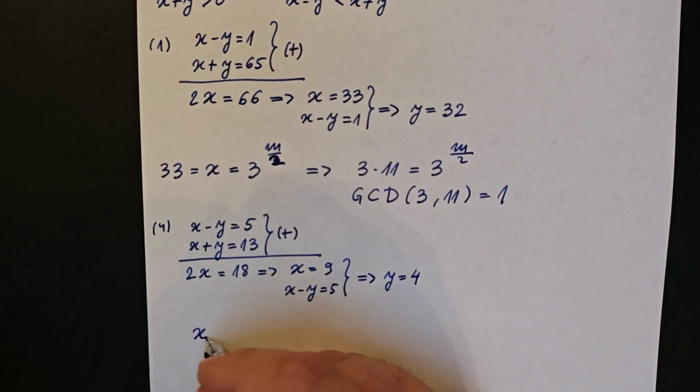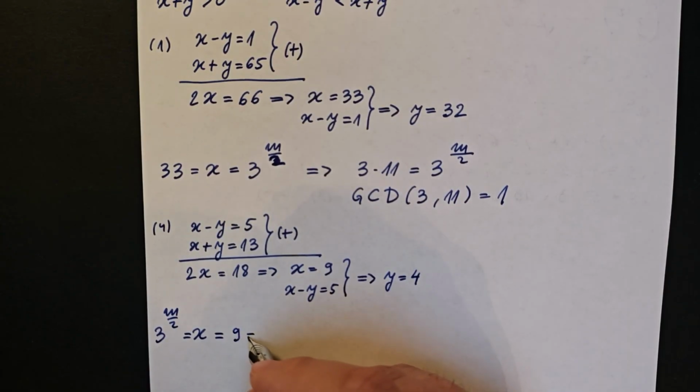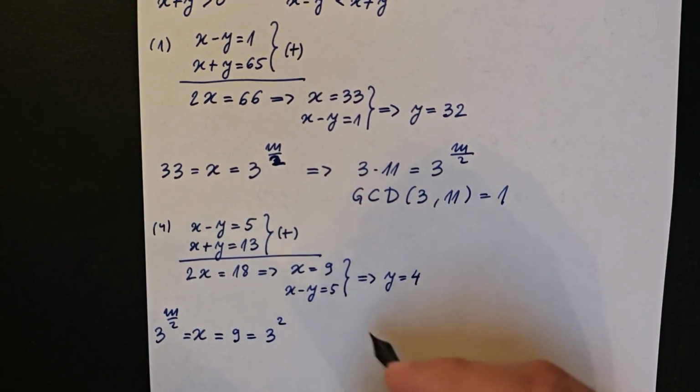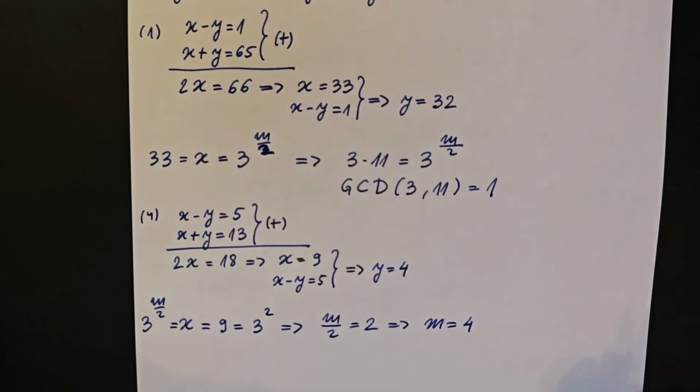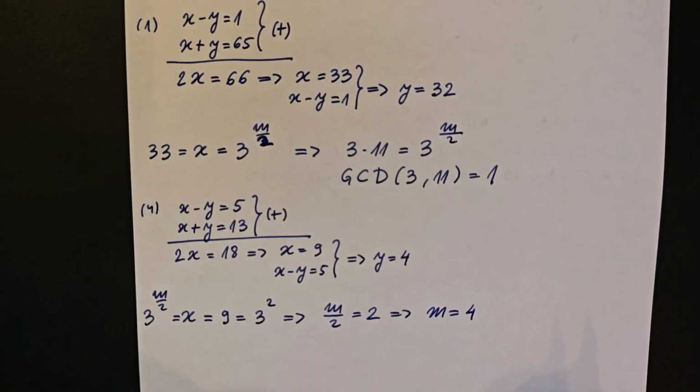Remember, x was defined as 3 to the power m over 2, and now we know that x is 9, which can be written as 3 squared. That means that m over 2 is equal to 2, and that gives us the value for m to be equal to 4. Let's plug m equals to 4 into our value for y and see if that holds.